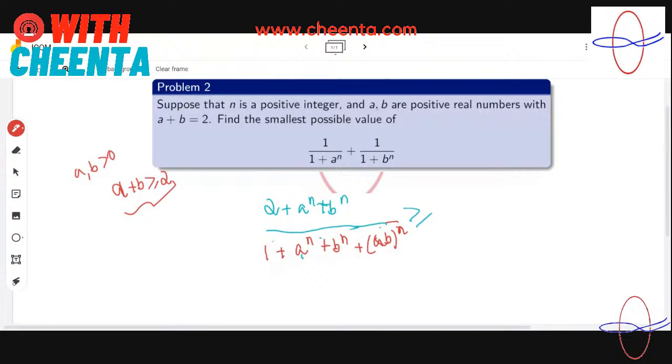Yeah, the answer is 1. Oh, sorry, it's a plus b is equal to 2, I'm so sorry.